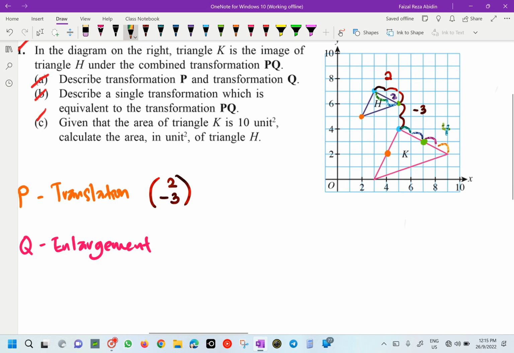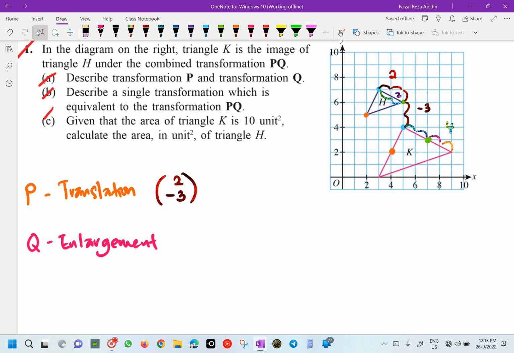So to get our enlargement, the scale factor k here is going to be 4 divided by 2. You get 2. At the center, what is it? 5, 4, correct. 5, 4.